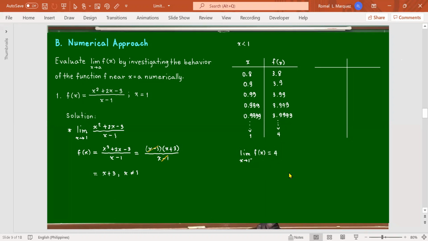Okay, guys? What about for x greater than 1, but close to 1? So let us assign values of x.